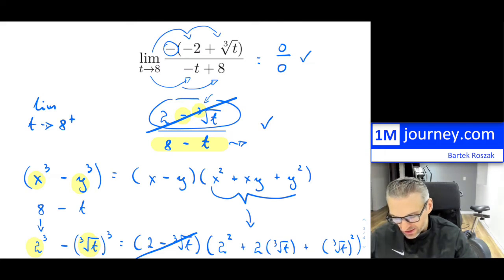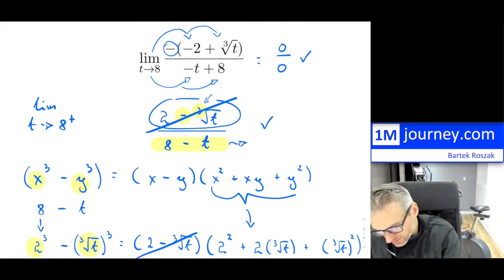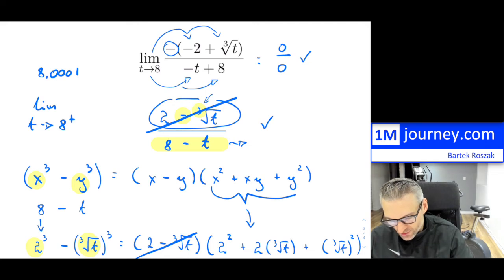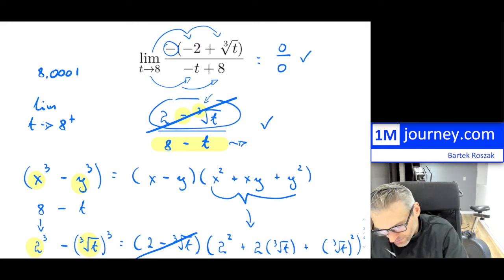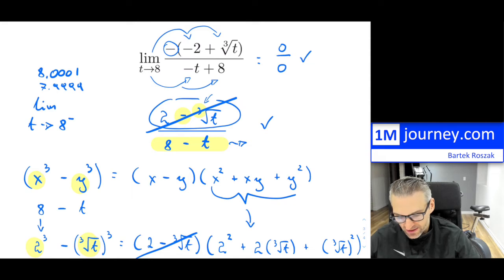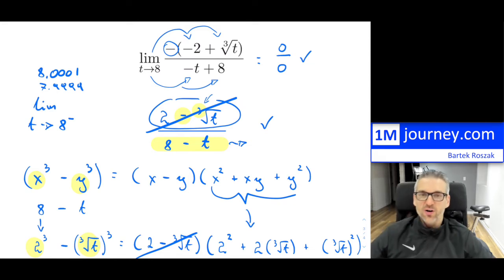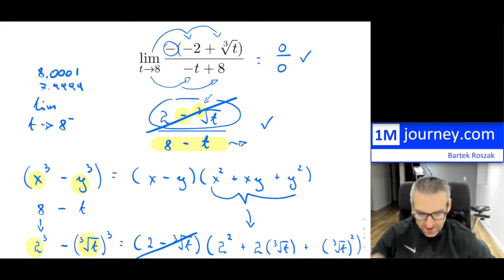Remember that the limit means that you have to substitute numbers approaching it, so you could have substituted very small, like 8.0001, into there. That's from the right hand side. And then you can go back and substitute from the negative side, like 7.9999, as it's approaching 8, and then see what they're starting to equal, if the limit equals a number.